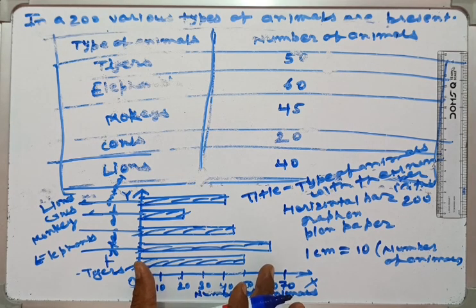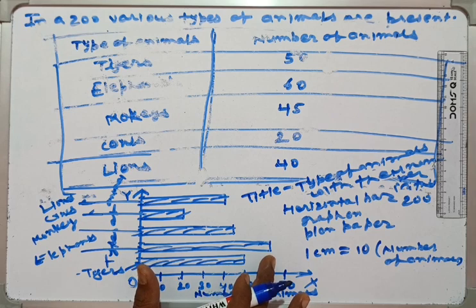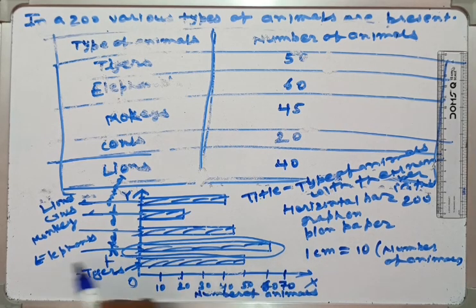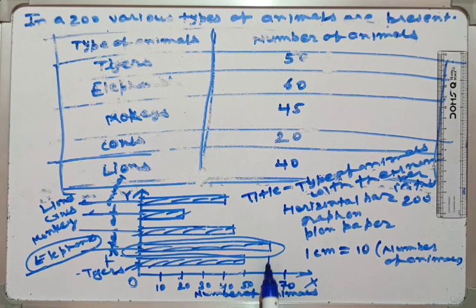You must know that the maximum length or height of the bar represents the maximum number of animals. See, this one's length is more, so elephant is more. So your answer is elephant. And what is their number? There are 60 elephants.